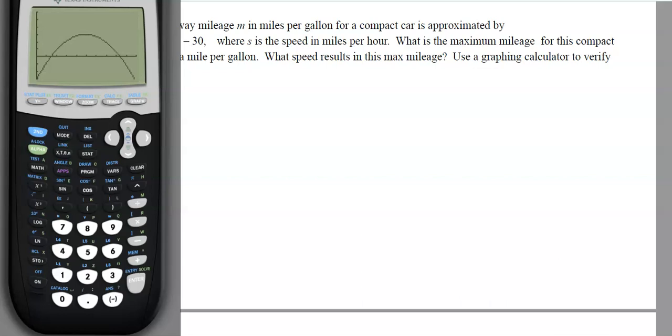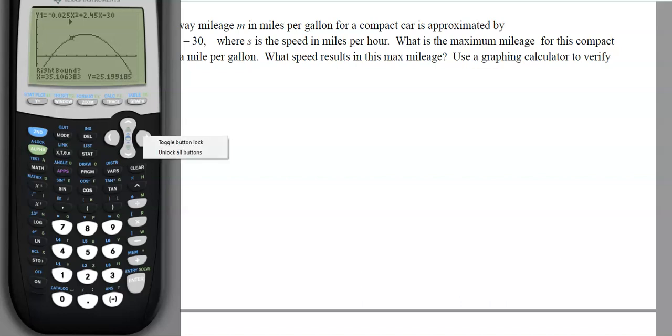And we should be able to find that maximum. Now I'm just going to play around here. In that calc menu, we go to second, trace, where we found intersect before. We want to find a maximum value. So I'm going to hit enter. And it says left bound or right bound. Wherever I think the highest point is, I got to go to the left side of that and hit enter. And then it says right bound.